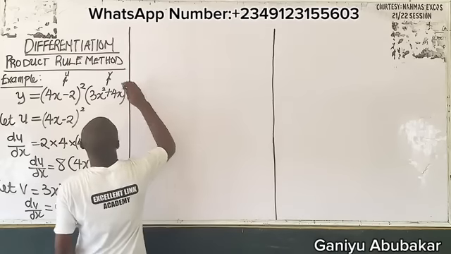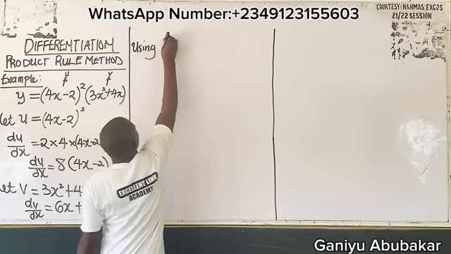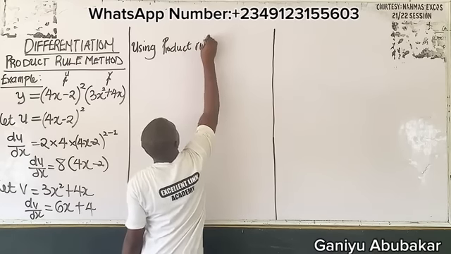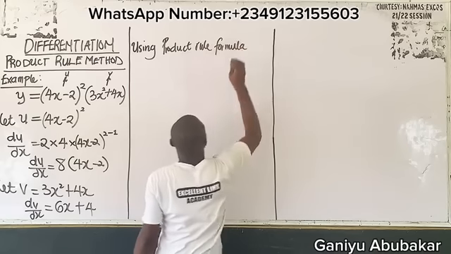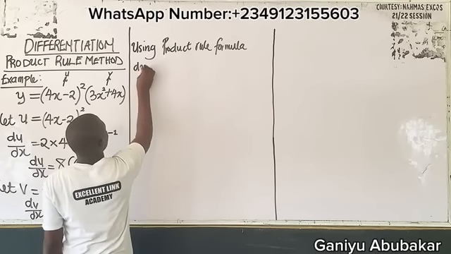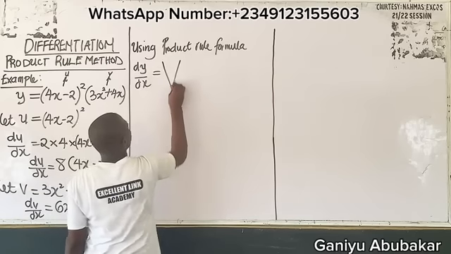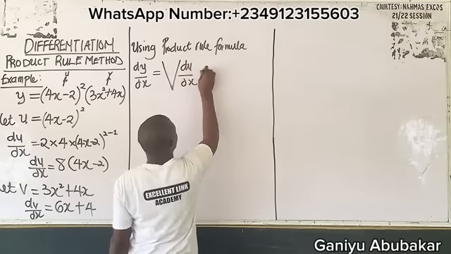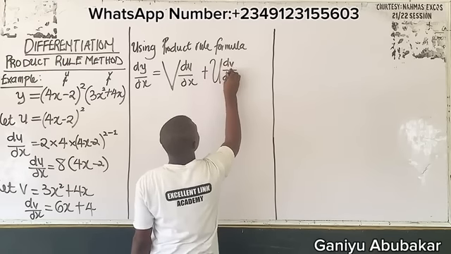Using the product rule formula that says dy over dx is equal to v du over dx plus u dv over dx.